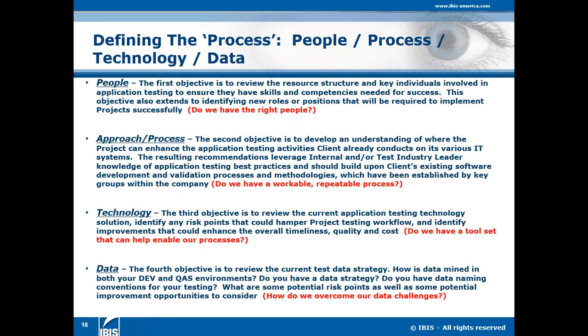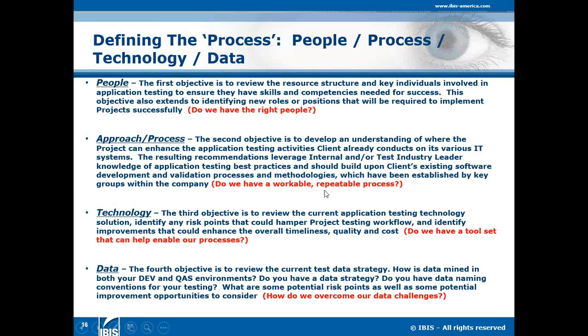When we do assess and work with customers to build out a testing center of excellence, there's really 4 areas that we spend time on. And I'm not going to spend time boring you reading each of the different paragraphs. This material will be available post this webinar. The first area we look at is people. Do we have the right people in place to execute our methodology, to execute our strategy as far as the tools and align with our business partners?